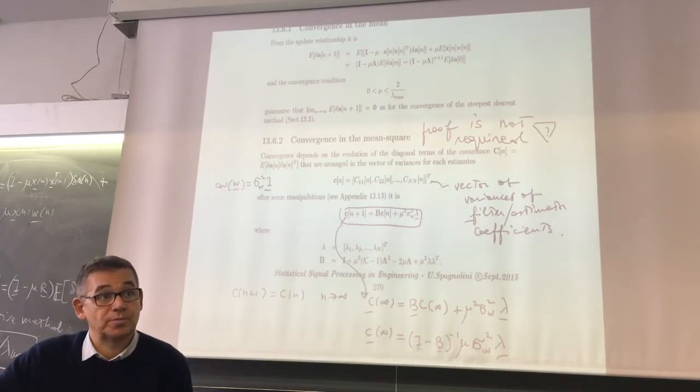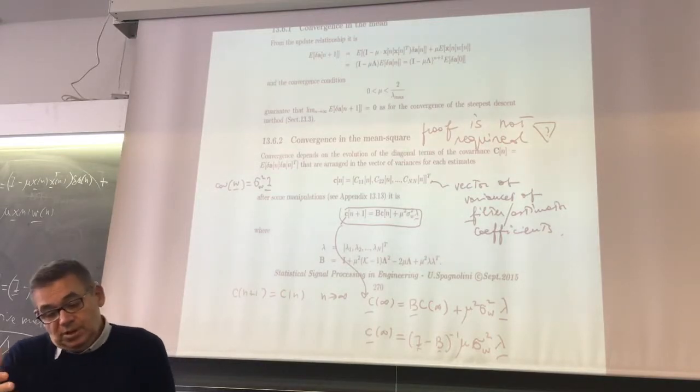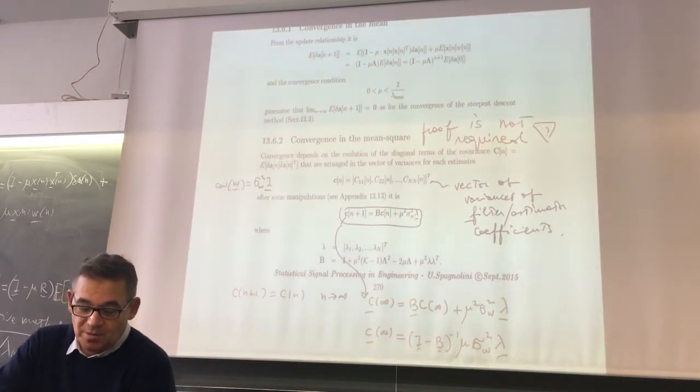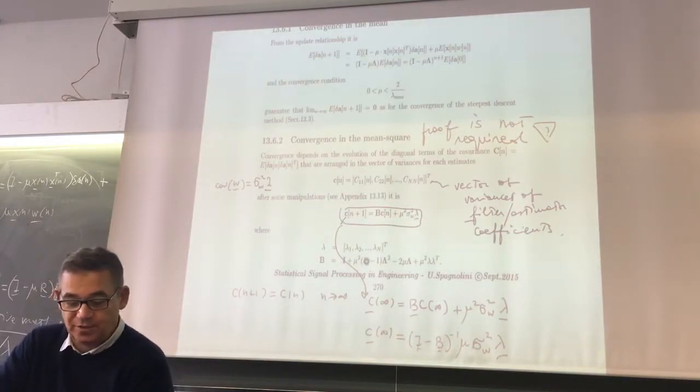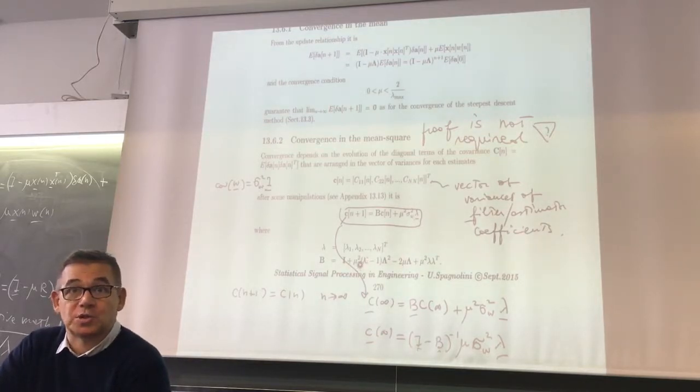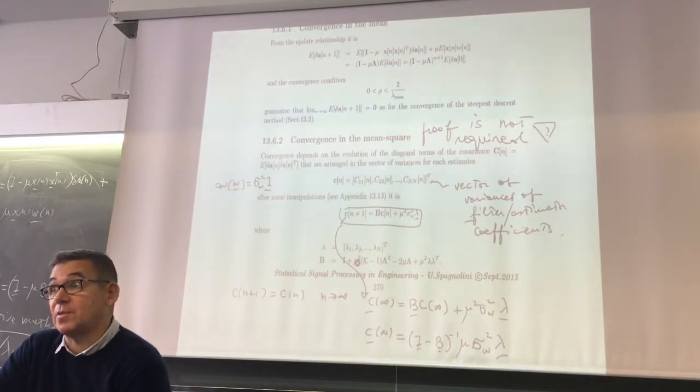That's the conclusion. Now, the complication comes because B is a function of mu itself, and it's a function of K. K is called kurtosis, and the kurtosis of the signal depends on how the signal is dispersed. Bigger kurtosis means that the signal is very much dispersed.